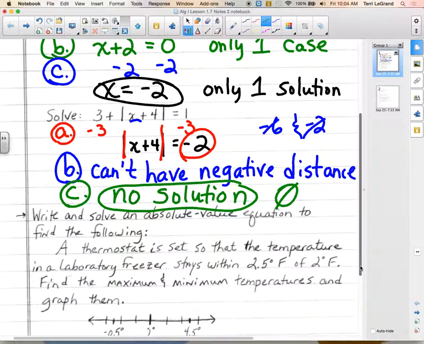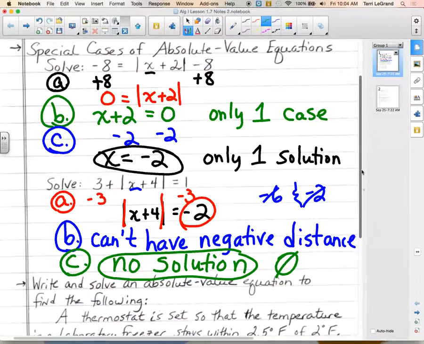Now don't be fooled by this. Don't be fooled into thinking that if the equation starts out set equal to a negative number, you're going to have no solution. Look at the first one we did. It is set equal to a negative number right here, but we got a solution, didn't we?